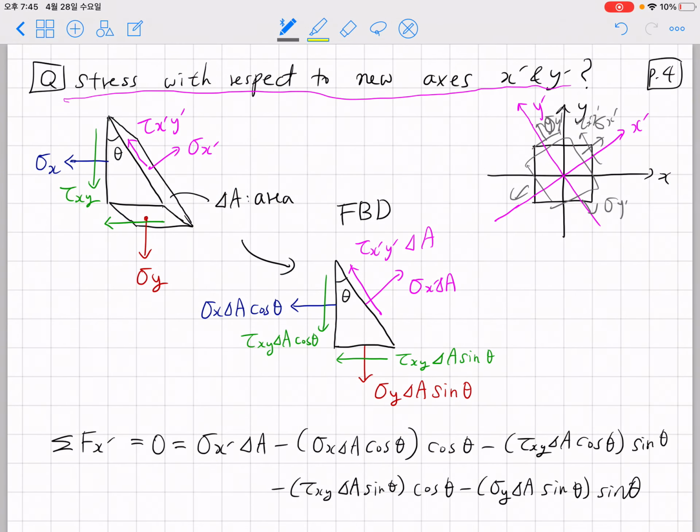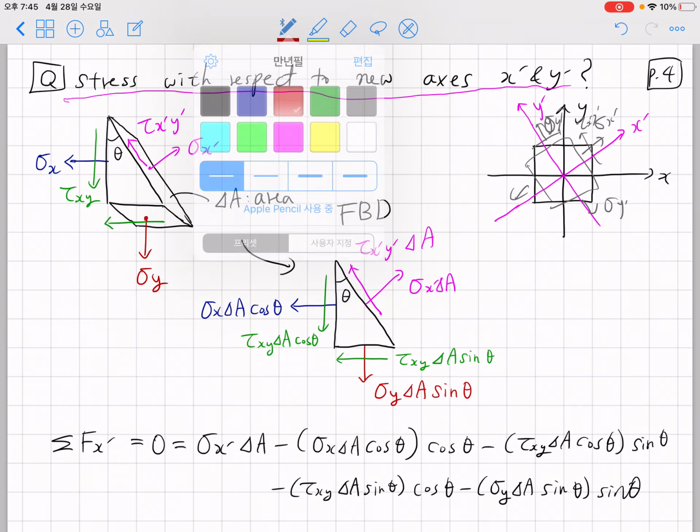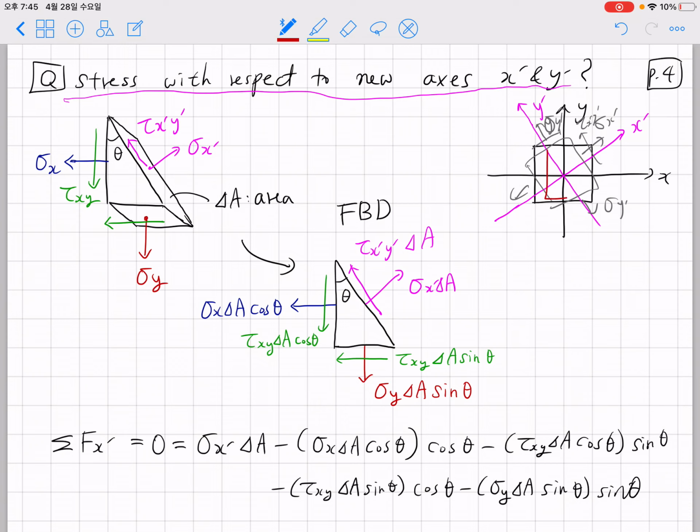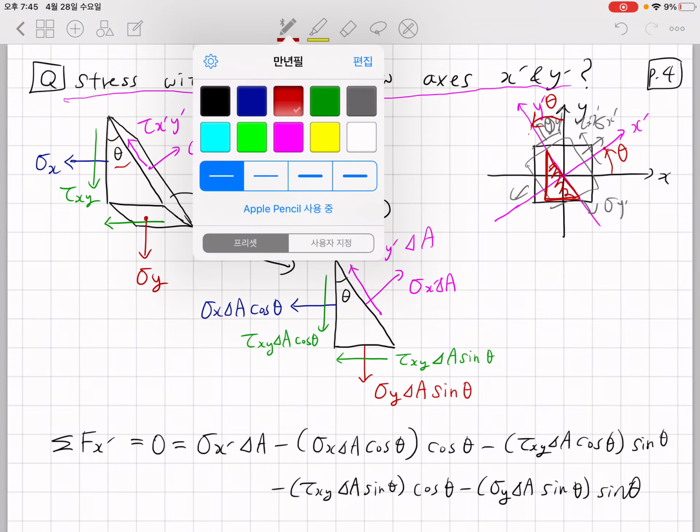To do so, we're going to take our area of interest as this red block, where theta is the angle rotated from the original coordinate system xy. If we consider this triangular volume, then we have the following stress components.